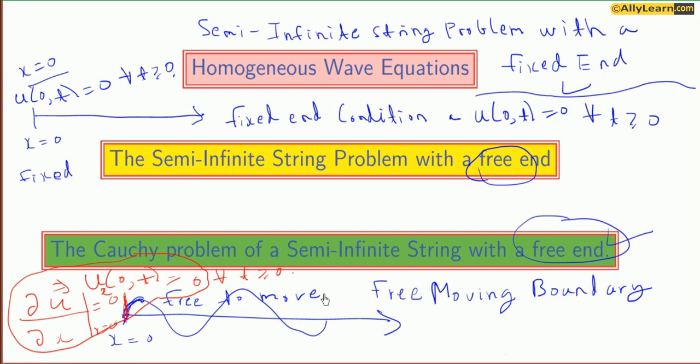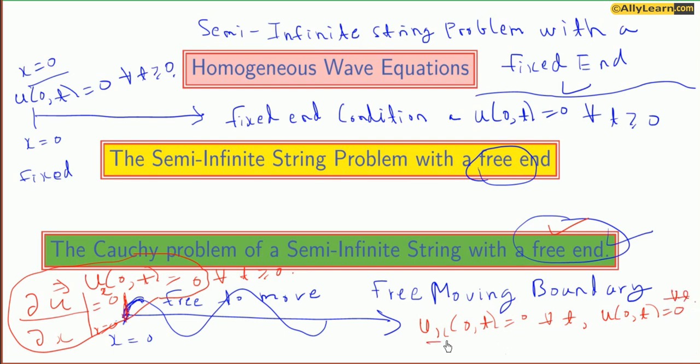So friends, the mathematical difference between this problem of the free end condition and the problem we discussed in our previous video lecture of the fixed end is that in this problem we have the mathematical expression u_x(0, t) equals 0 for all times t, whereas in the previous video lecture when we discussed the semi-infinite string problem with a fixed end, the mathematical expression was u(0, t) equals 0 for all times t.